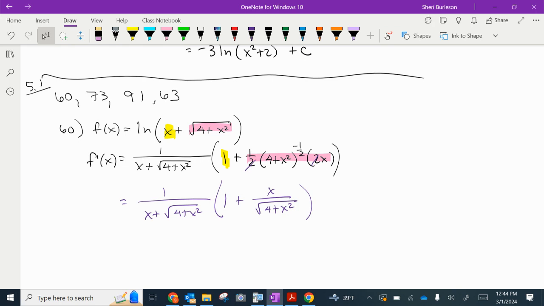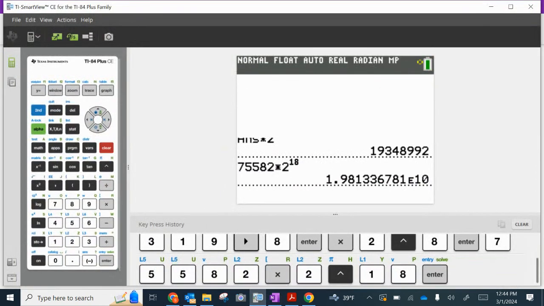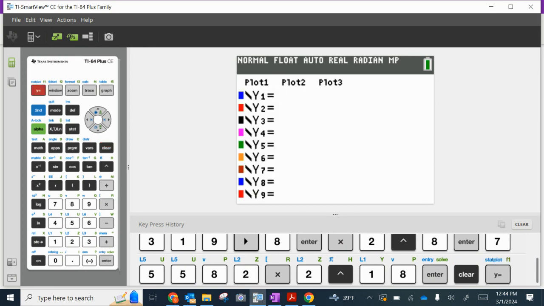What you can do is multiply. Here's what you can do. Let me show you how to do this on your calculator if the final answer looks different than what you have.